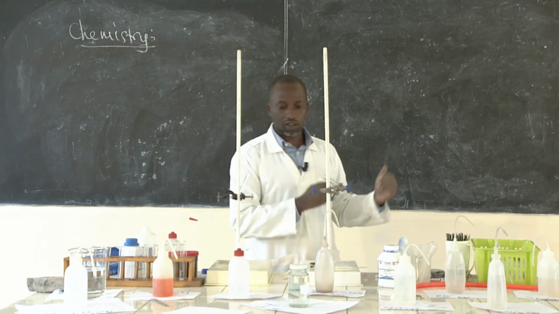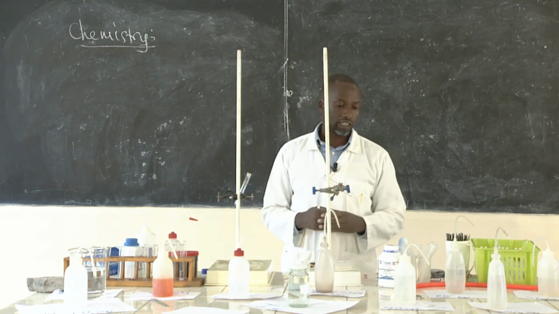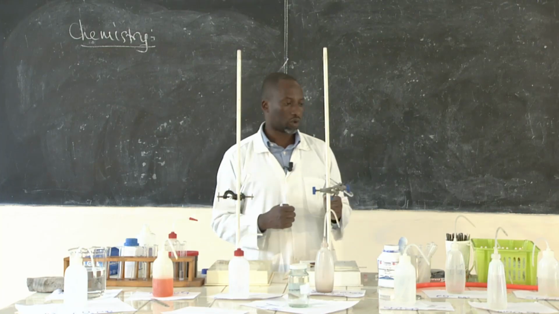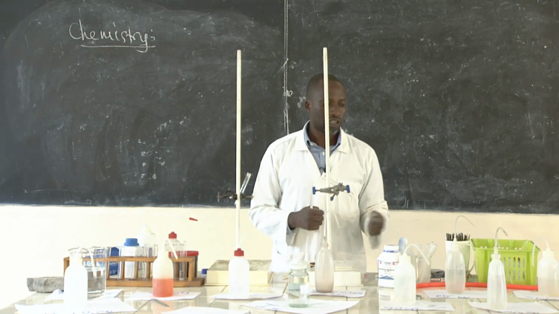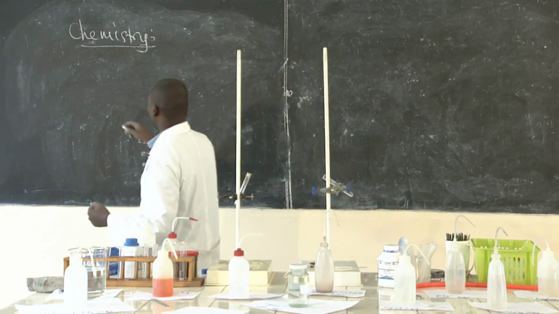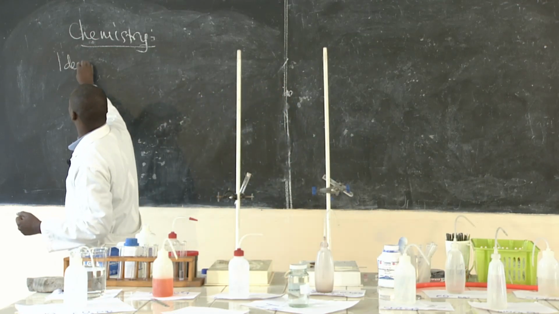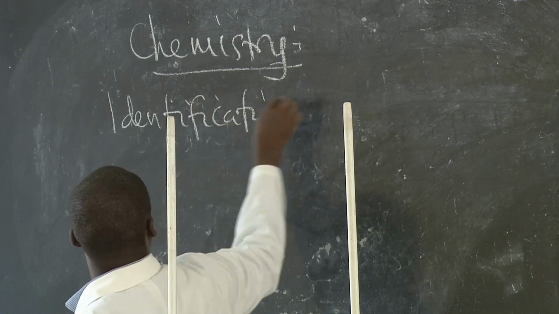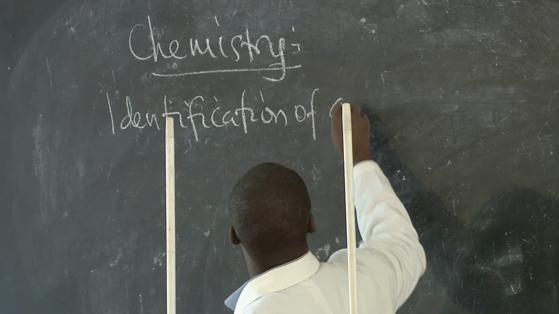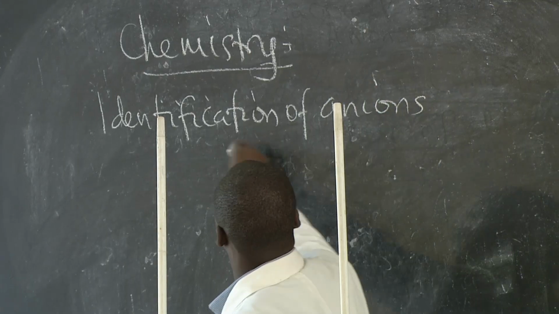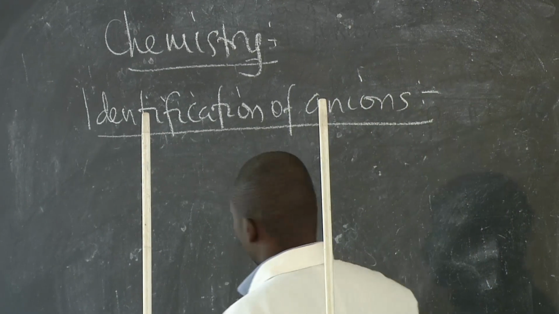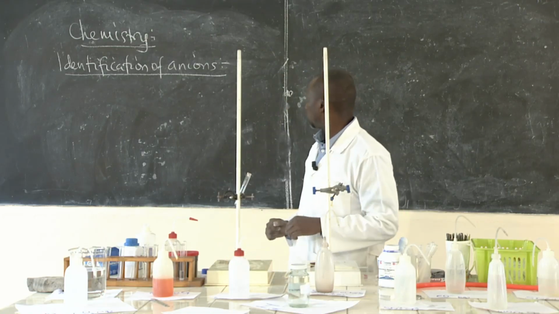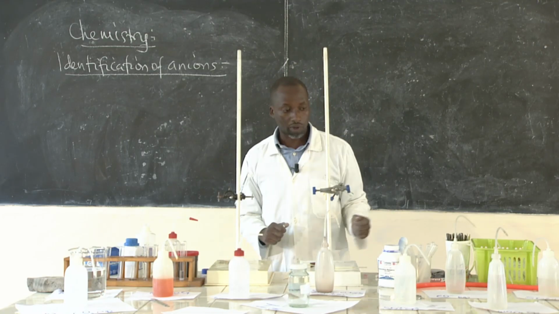So as a continuation, we are still looking at anions, because that is what we are going to look at. We also look at the identification of anions. There is no need right now to mention them immediately, but we'll talk about them.